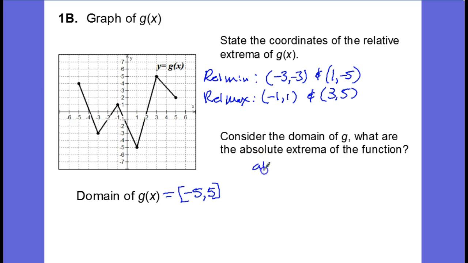Absolute minimum, I do have one, and that is at (1, -5). So that would be this point here. And for an absolute maximum, that is going to be at (3, 5).